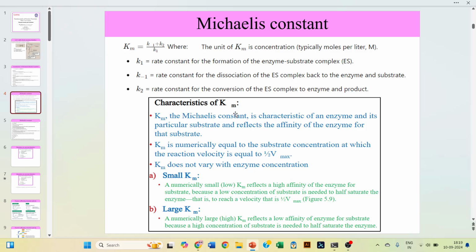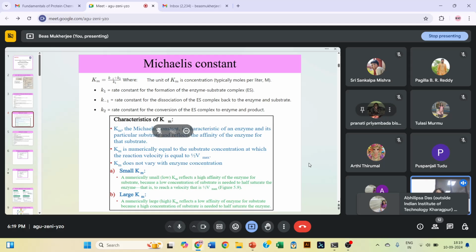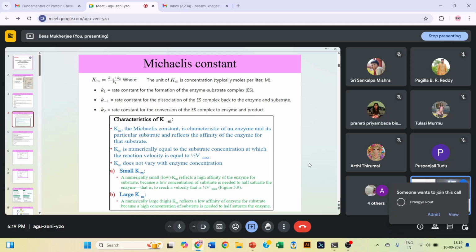Okay, so the characteristics of Km. Km is the Michaelis constant, and it is characteristic of the enzyme and its particular substrate, and it reflects the affinity of the enzyme for that substrate. This we know. Now Km is exactly numerically equal to the amount of substrate needed for half of the maximum velocity to be attained.